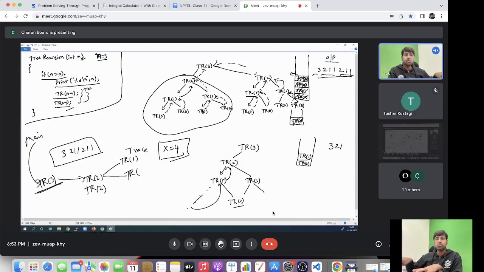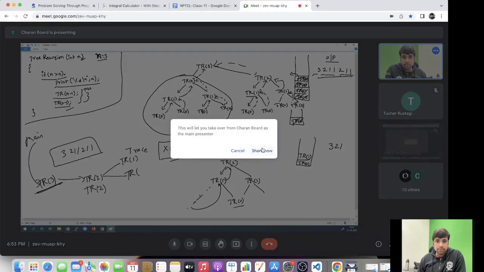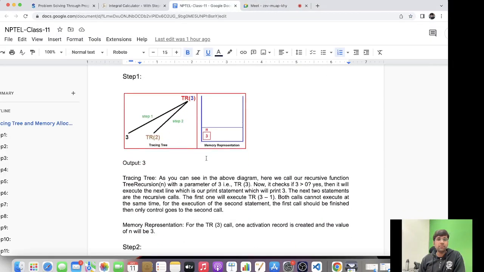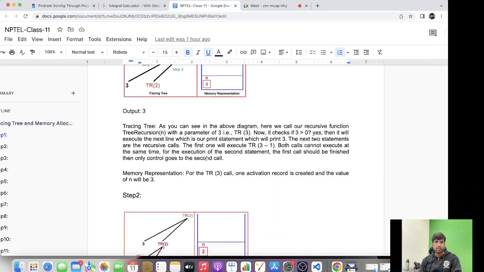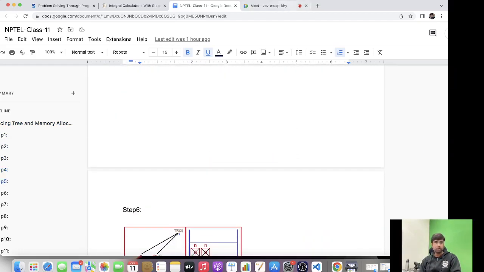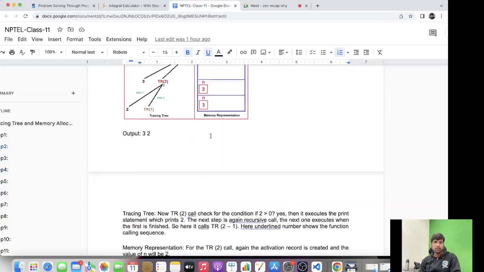Anyway, I think you should revisit this one again. I have given a detailed example for each and every step, step 1, step 2, step 3, in the notes, so you can take that. Are you guys able to see my screen?